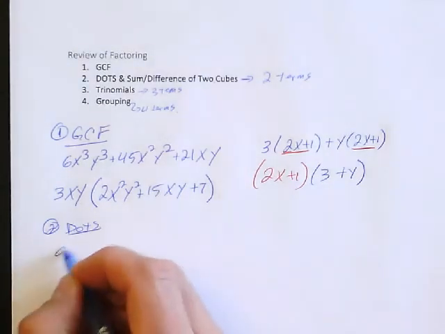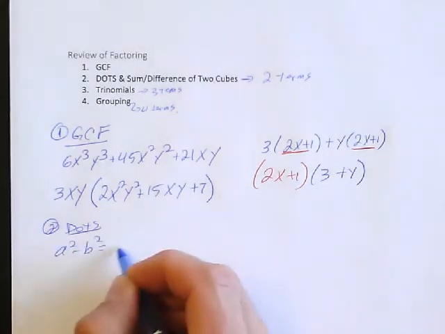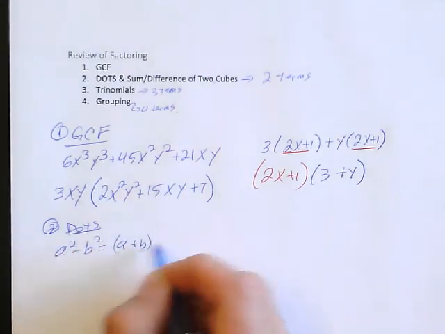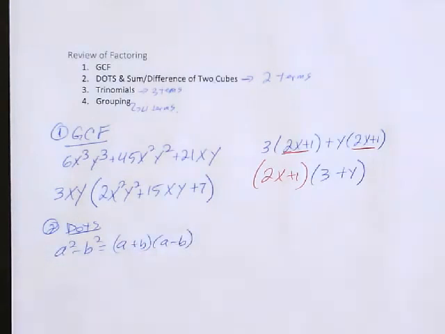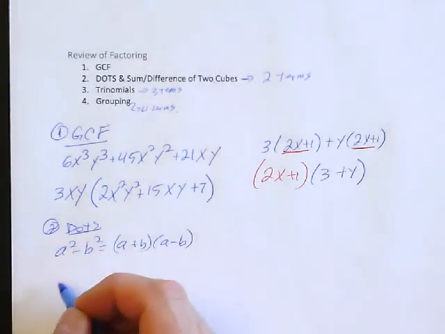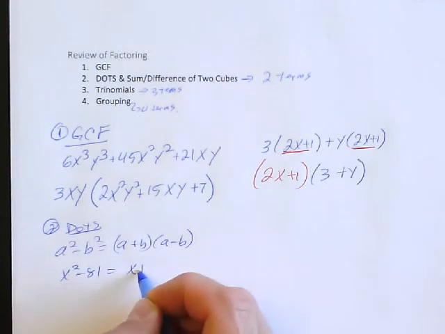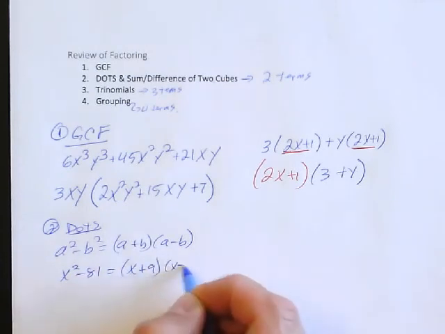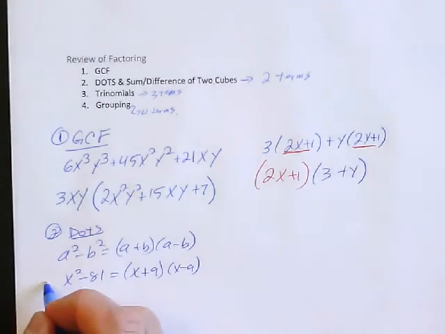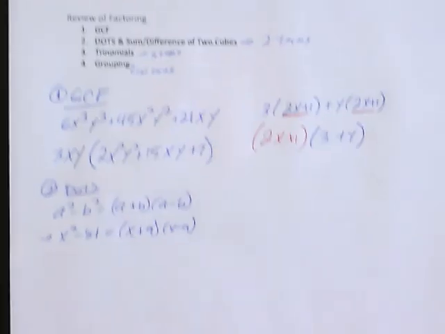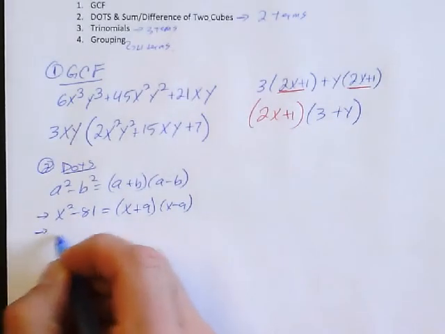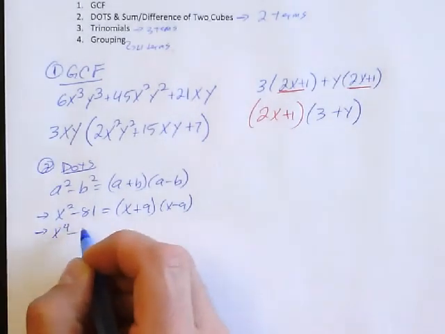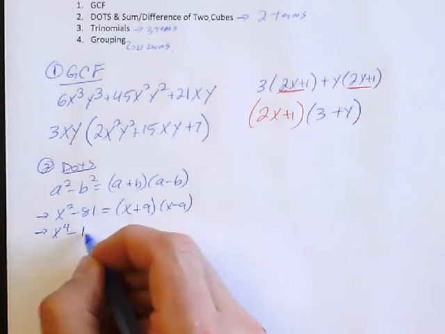The second method, when you have 2 terms, you have dots. And dots is nice because it has a nice formula to it. A squared minus b squared is a plus b times a minus b. So something like x squared minus 81 would be x plus 9, x minus 9.